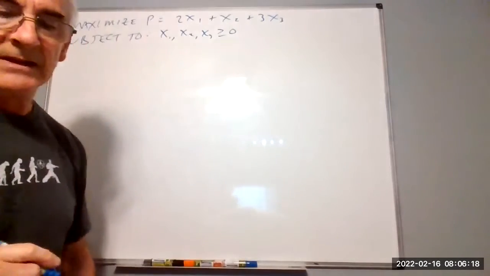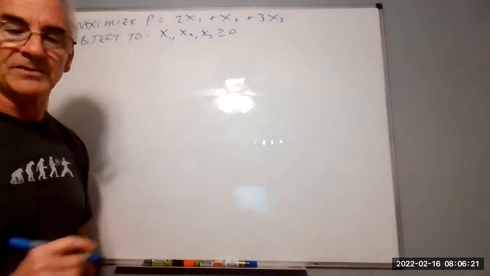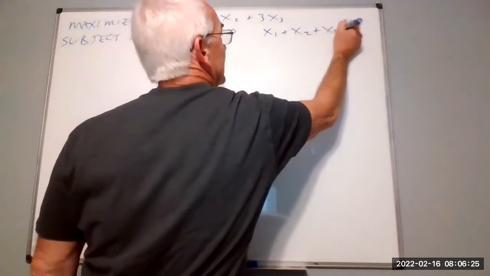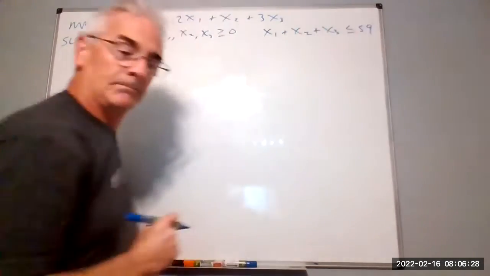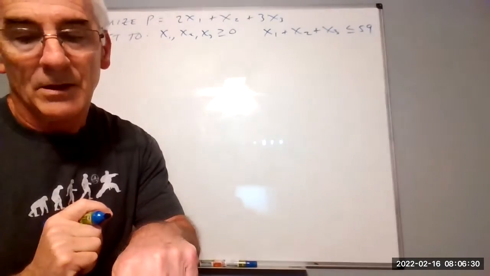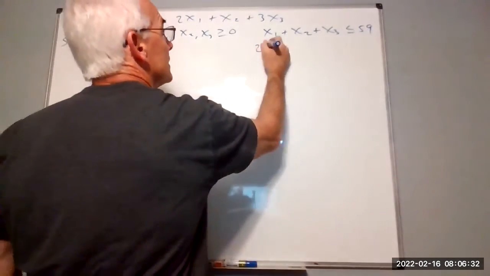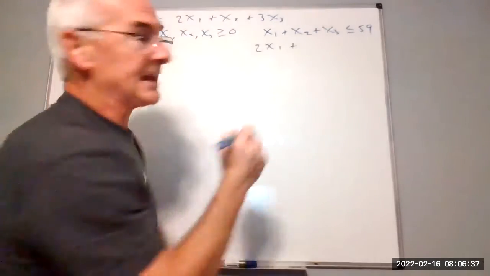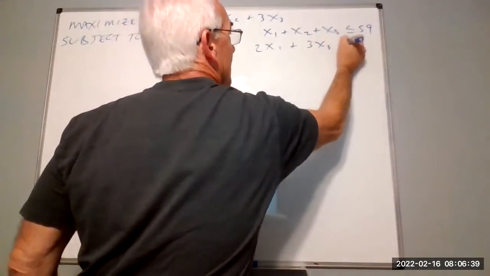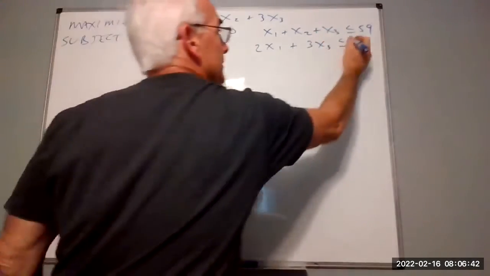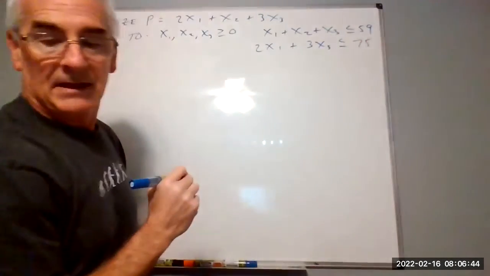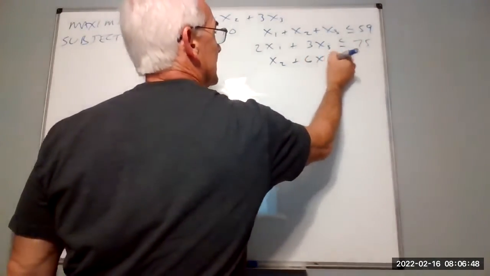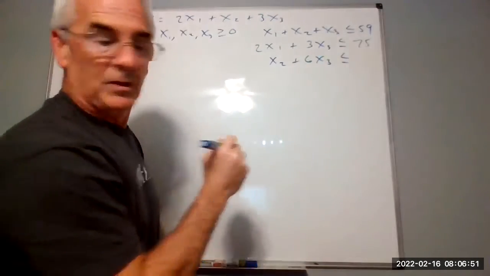And then the inequalities we're going to solve are x1 plus x2 plus x3 is less than or equal to 59. 2x1 plus 3x3 is less than or equal to 75. And finally, x2 plus 6x3 is less than or equal to 54.